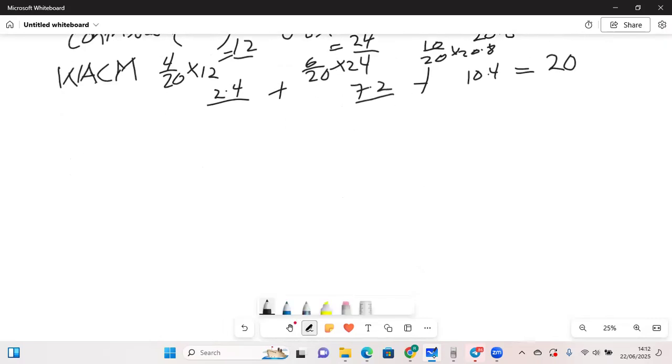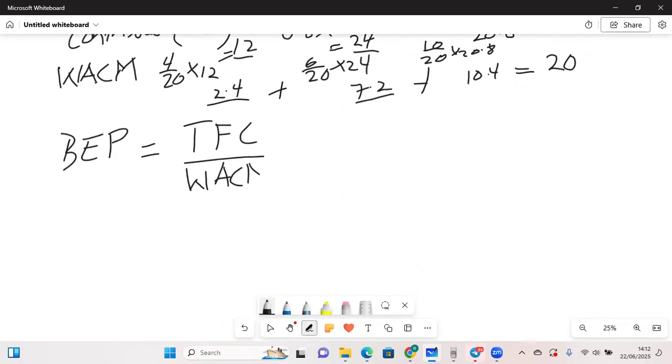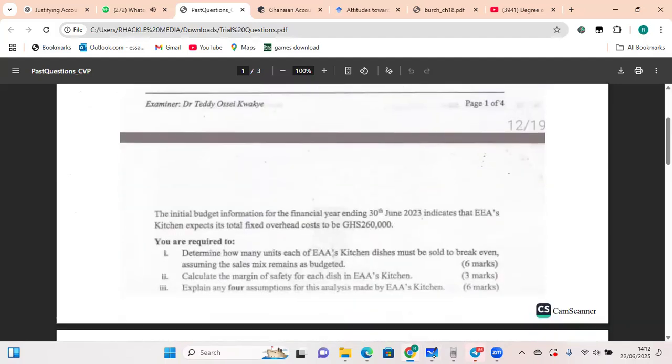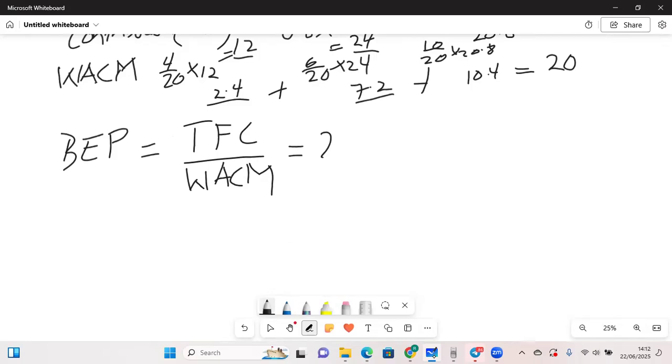So now our break-even point is going to be our TFC all over the weighted average contribution margin, the total one, right? So the total fixed cost in the question was what? 260,000. All over the total we are having now, which is 20.